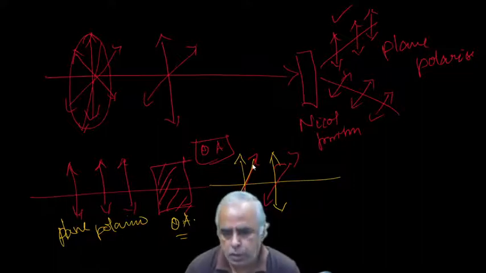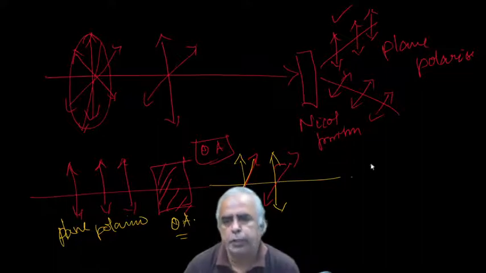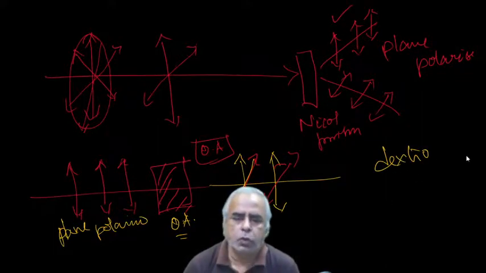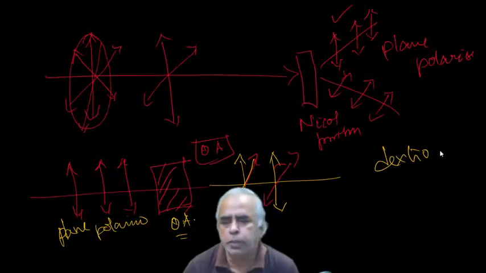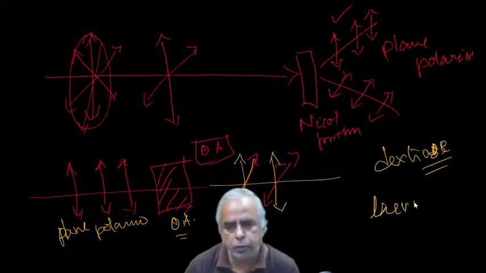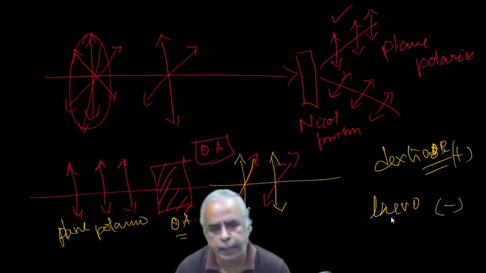If the sugar rotates the plane polarized light in the right direction, it is called dextro. So dextro-rotatory sugar can be called dextrose. Are you able to follow? Ose means sugar, so dextrose. Similarly, levo-rotatory, laevo. This is minus, this is plus. So towards right, towards left. This is called optical activity.